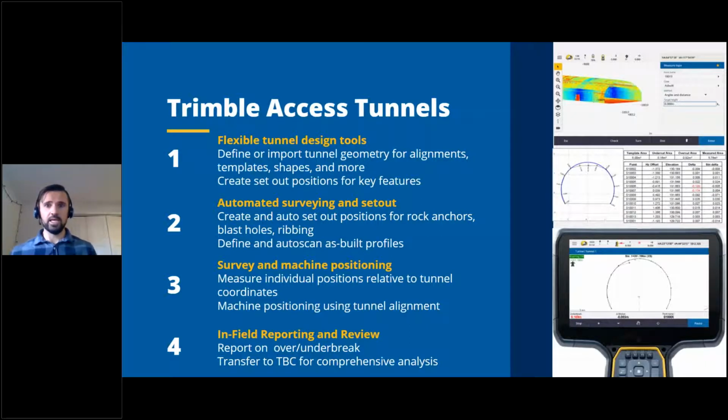So we can generate very quick and simple as-built data reports in the field. And of course, combined with all that, we have the scan data from the SX10 or SX12, which you can have in context for all of the survey data and the design that you've collected.